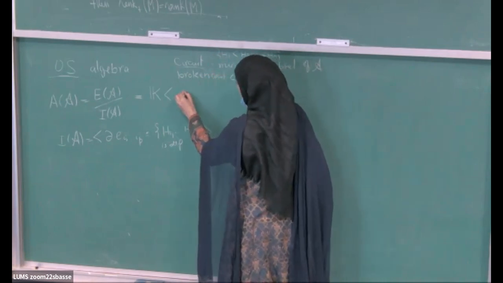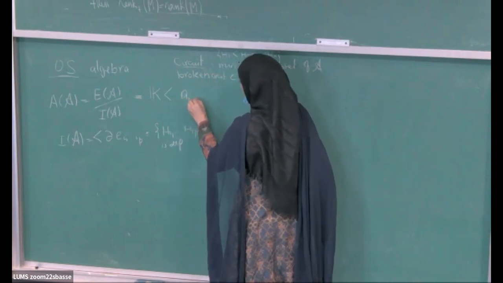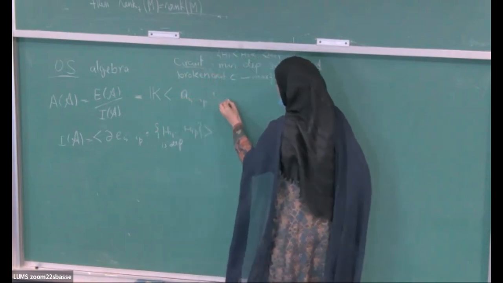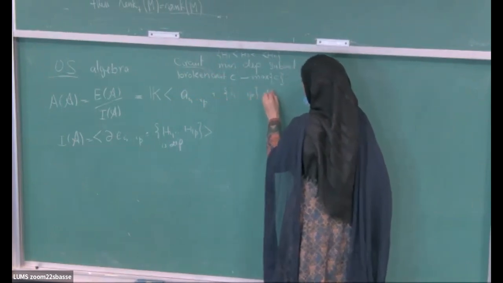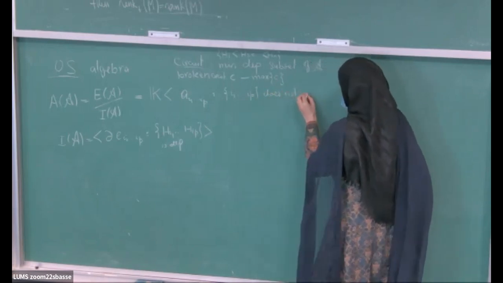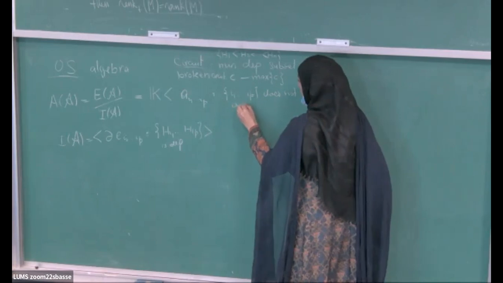So here is A, I1 up to IP. Let's suppose this set does not contain any broken circuit.